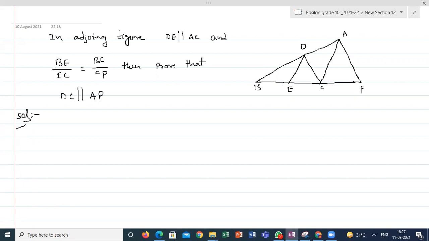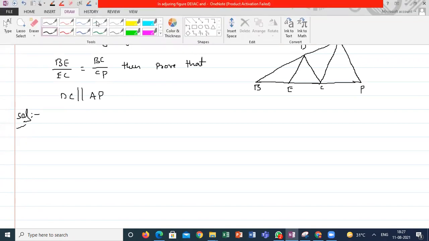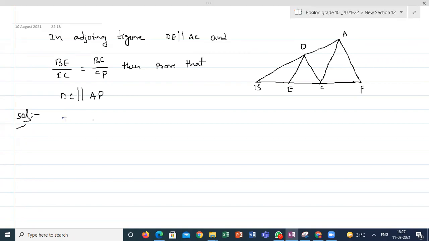Guys, anyone? I am taking triangle ABC. In triangle ABC, what is given? DE is parallel to AC. Then it is ready for application of the basic proportionality theorem.